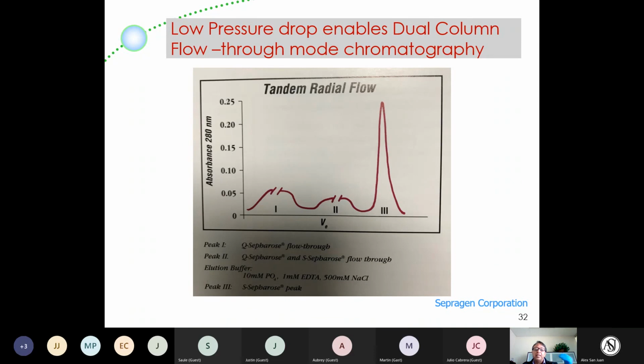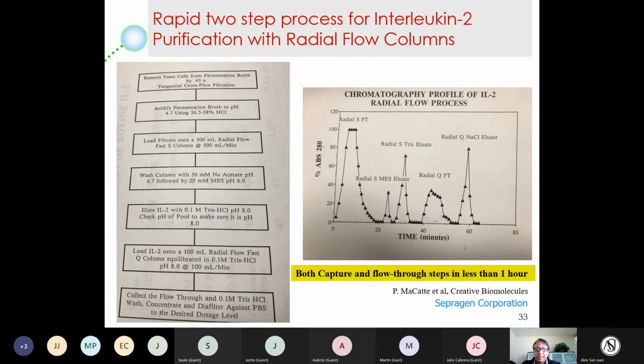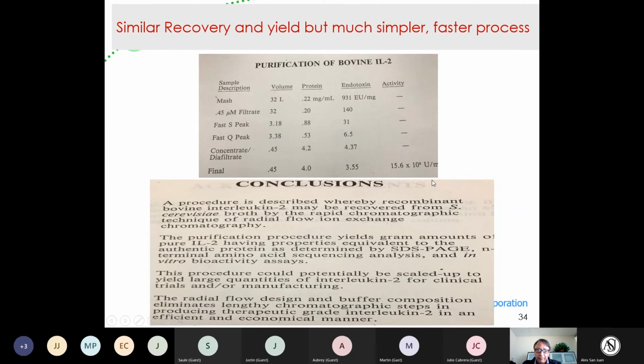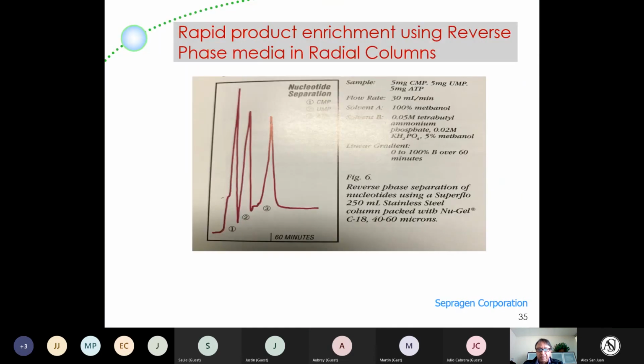We can enable that in our skids, and then you elute one column with one buffer and the other column with the other buffer. So here's a process like that for purifying IL-2, where you had an S column and a Q column. And they found that the process was much, much faster, got better yields, better recoveries, and so forth.